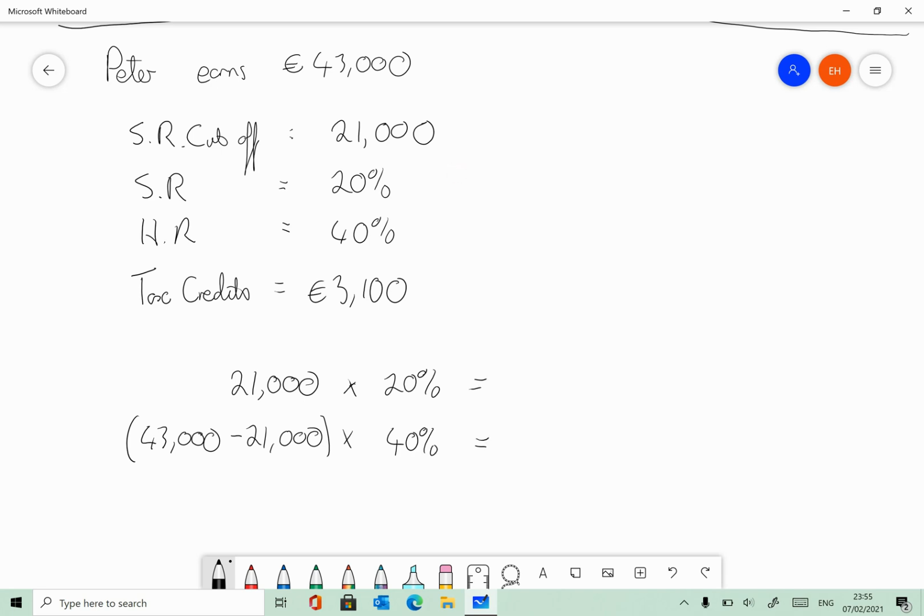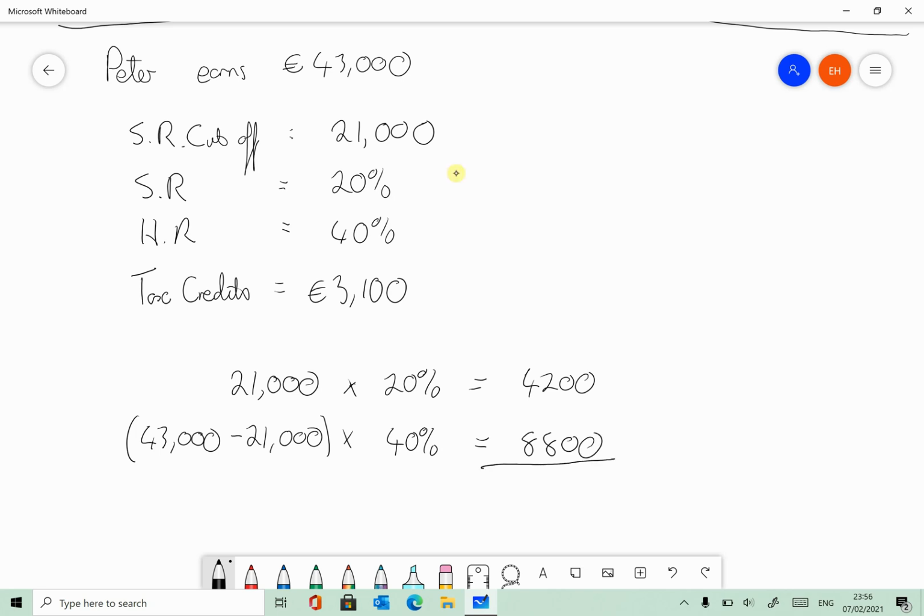And there are 2 tax bands. So it's 21,000 multiplied by 20%. That's 4,200. 43,000 minus 21,000 equals 22,000. Okay, and we have to multiply that by 40%. That gives us 8,800.